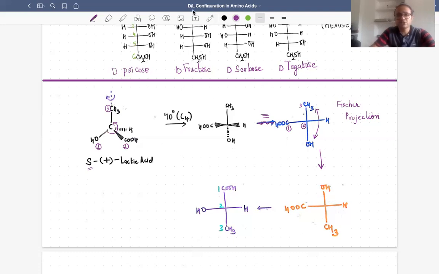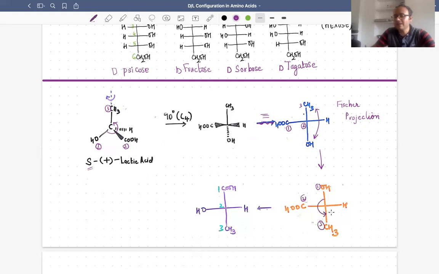Now, in a Fischer projection formula, whenever you do one exchange of the groups, what you are going to get is an enantiomer. That you can easily understand when you see the priority here. Now, if you arrange the priority, it is 1, then 2, and then 3.